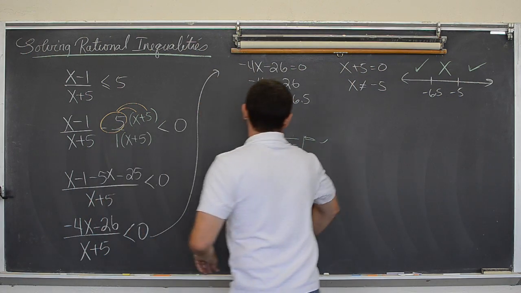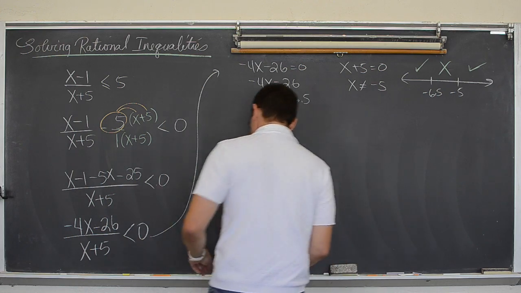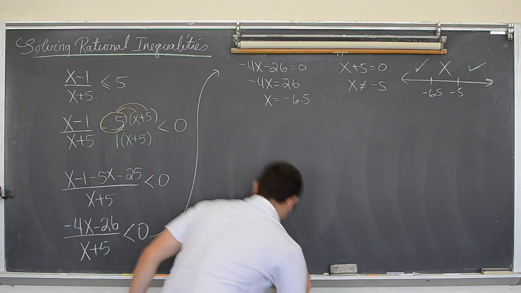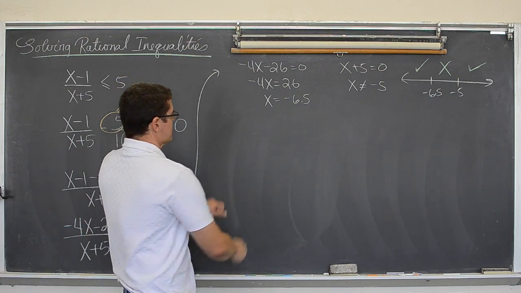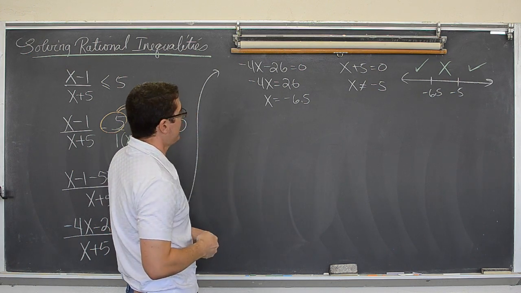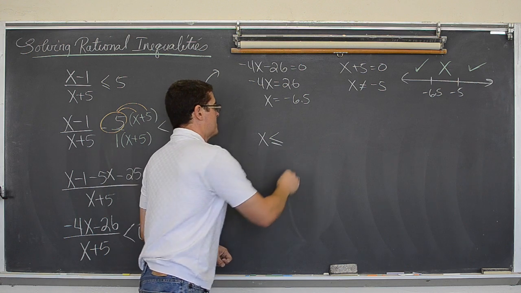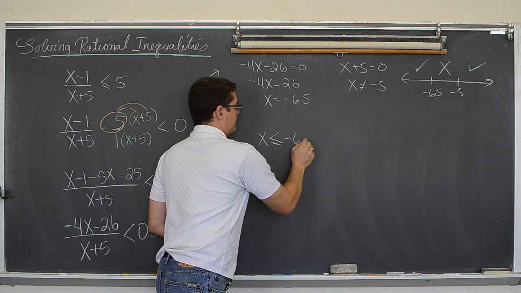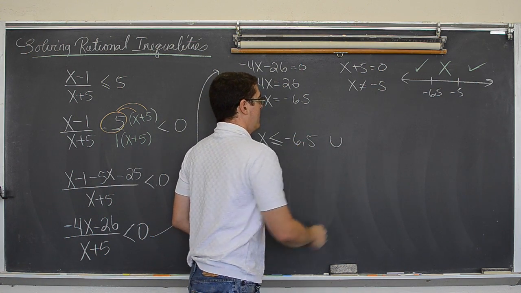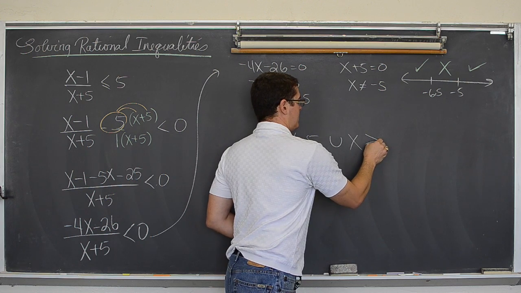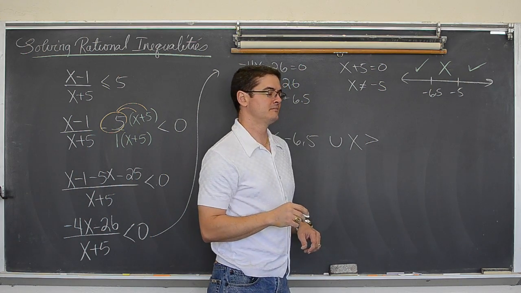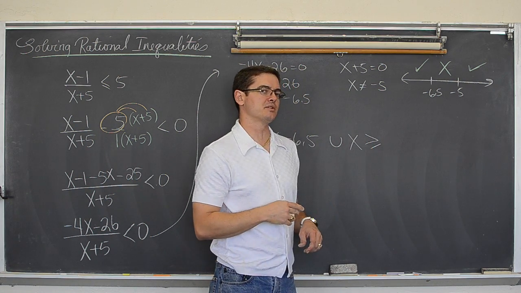So our final answer is, okay, x can be less than or equal to negative 6.5, or x has to be greater than, is it greater than or greater than and equal to?